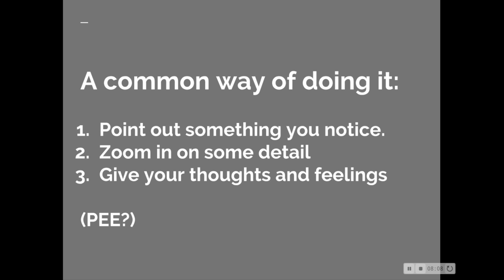What you might notice about this is really an adaptation of a PEE paragraph. You point something out, then you've got an example or evidence, which is like zooming in on a little detail, and then you explain what you think and feel about it.